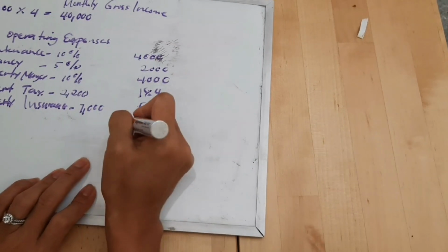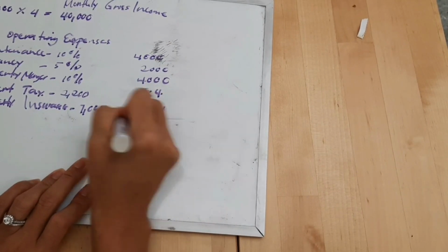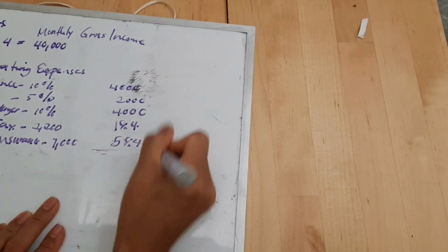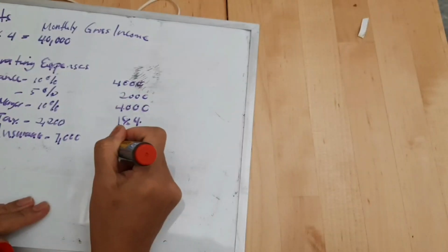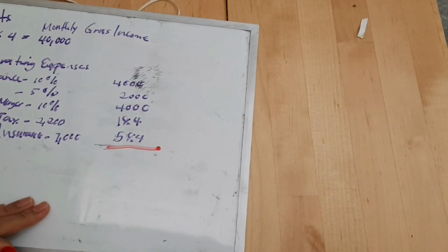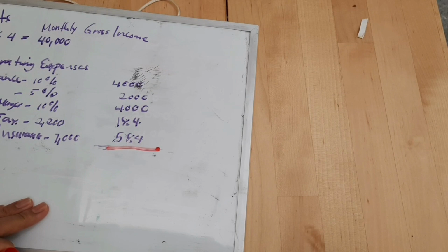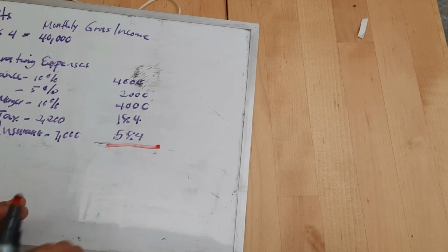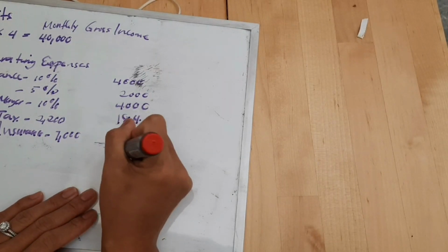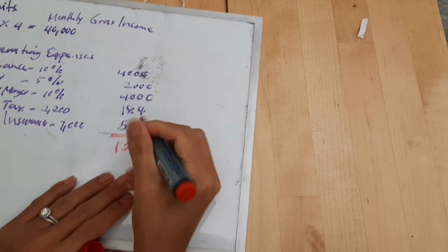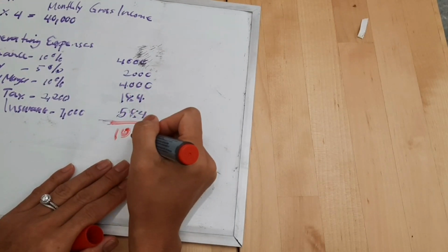So let's calculate the total. 2,000 plus 4,000 plus 184 plus 584. So the total monthly operating expenses is 10,768. Please do the math if you're at home.